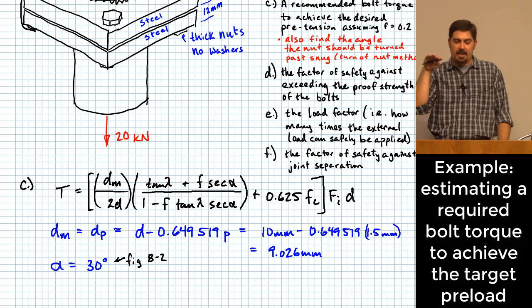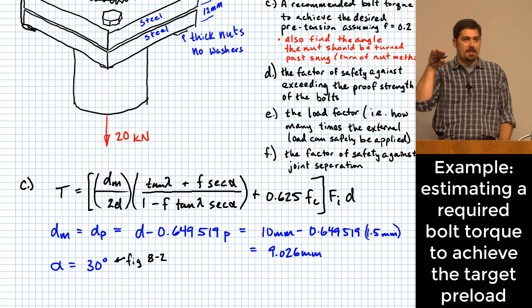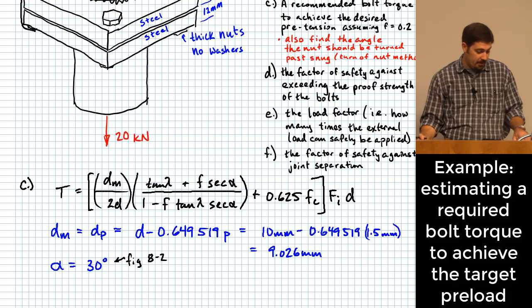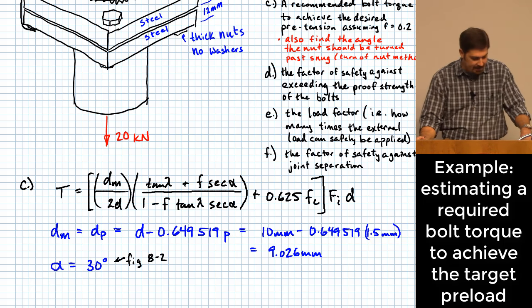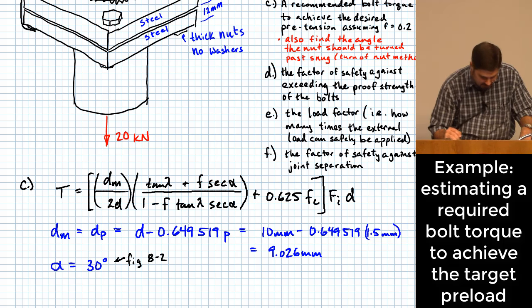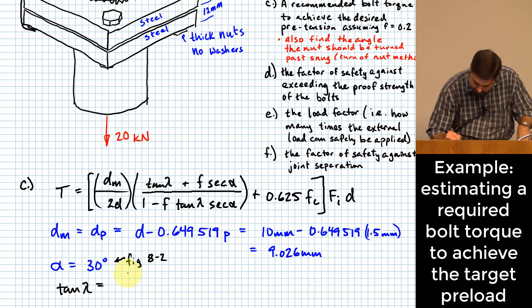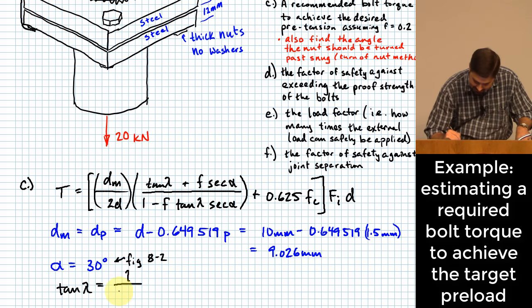Let's say it's like you were climbing. This would be the angle that you would feel if you were climbing up a thread that was built this way. Anyway, I don't prefer looking at it that way. I prefer looking at it as tangent of lambda, this whole thing, is equal to the lead of your screw over pi dm.